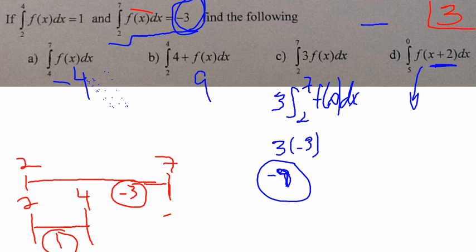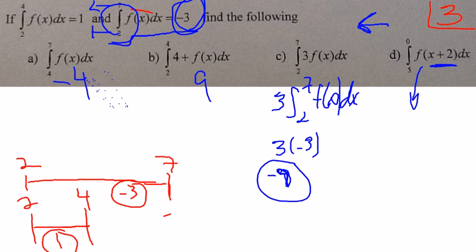Is that right? Hold on. It takes it and moves it to the left by 2. So what it's saying is it's taking this function, and moving it left 2.